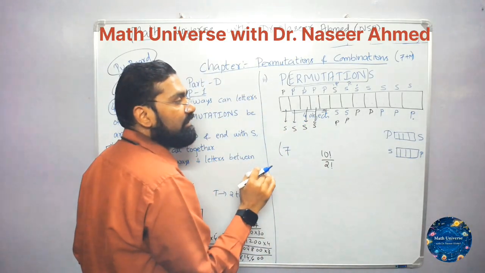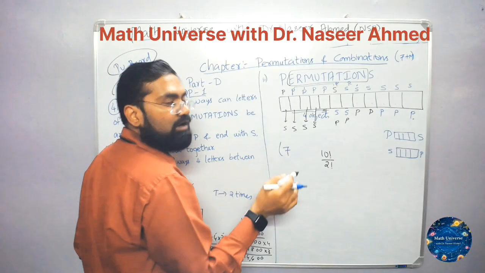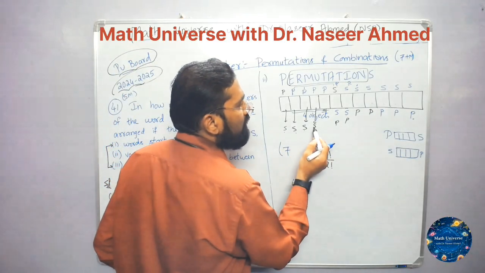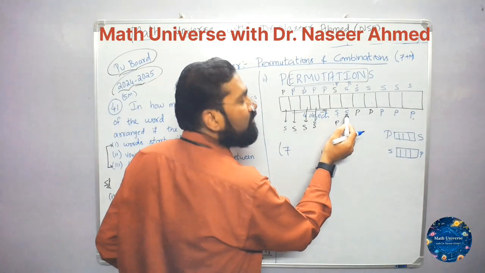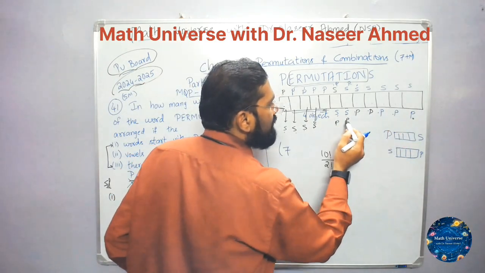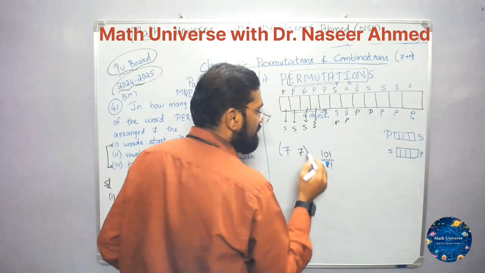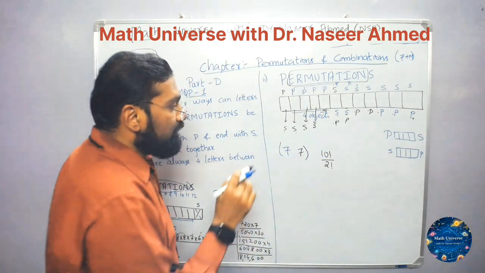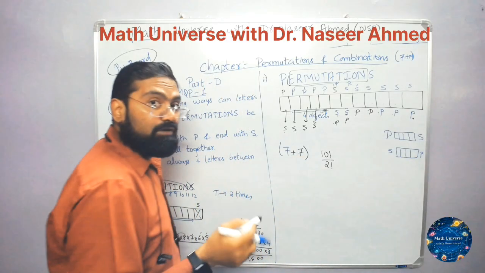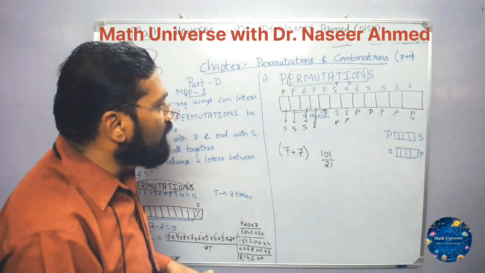That's it. Now just count again, either P or S. Counting P: 1, 2, 3, 4, 5, 6, 7. So again we have 7. Now see carefully: in between, what sign should be written? Plus, the fundamental principle of counting should be applied here, because both cannot happen at a time.